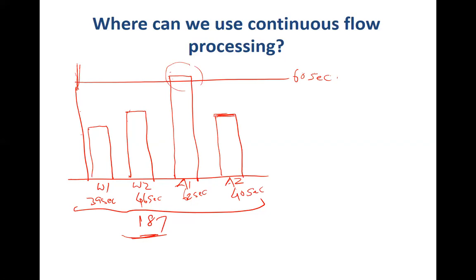So if we divide the 187 total time by the takt time, which is 60, this should tell us approximately how many workers might be necessary to achieve that takt time of 60 seconds. So this gives us 3.12.